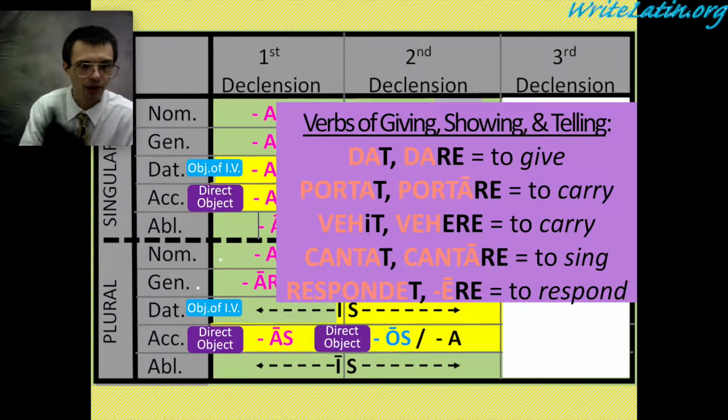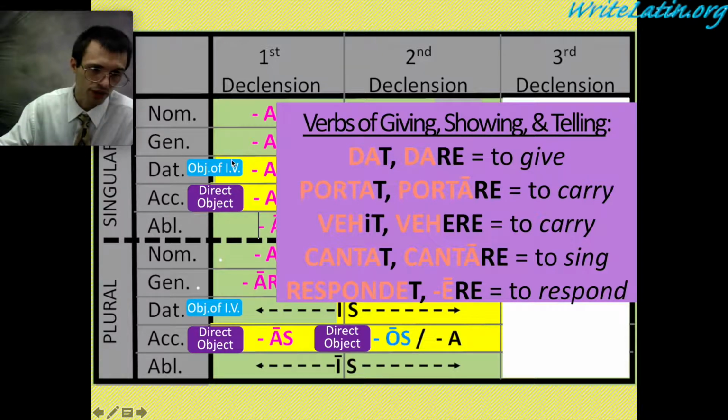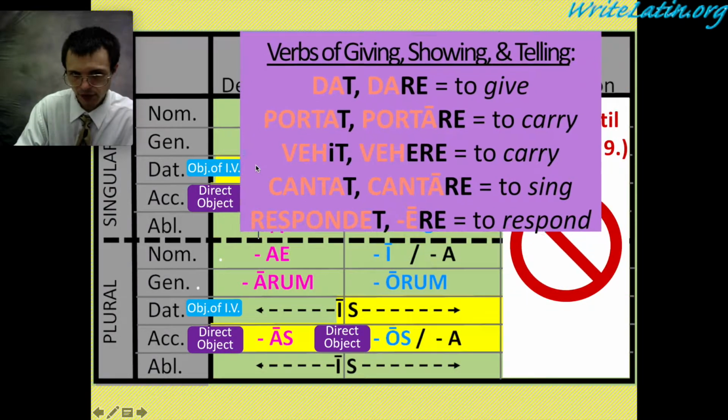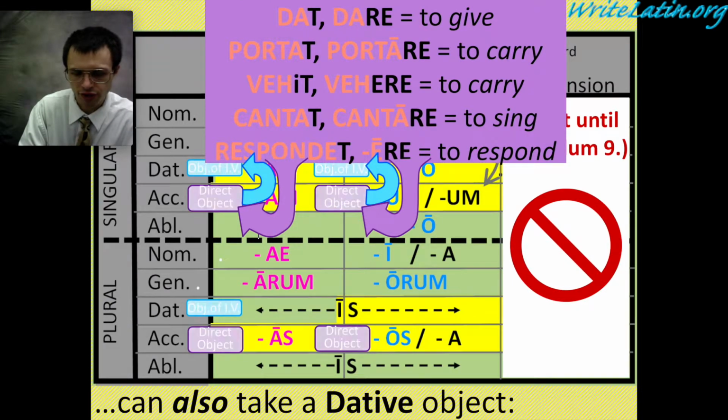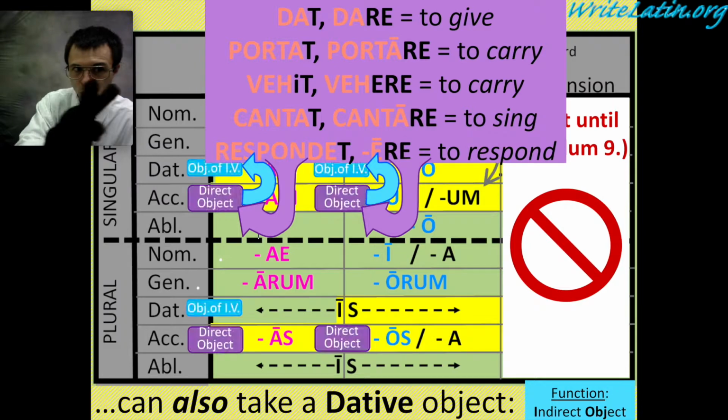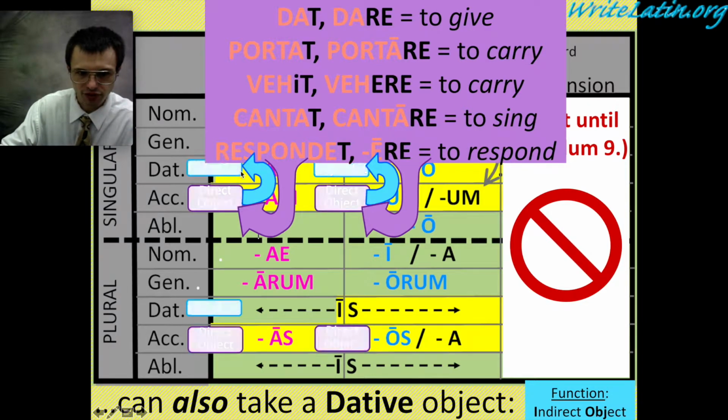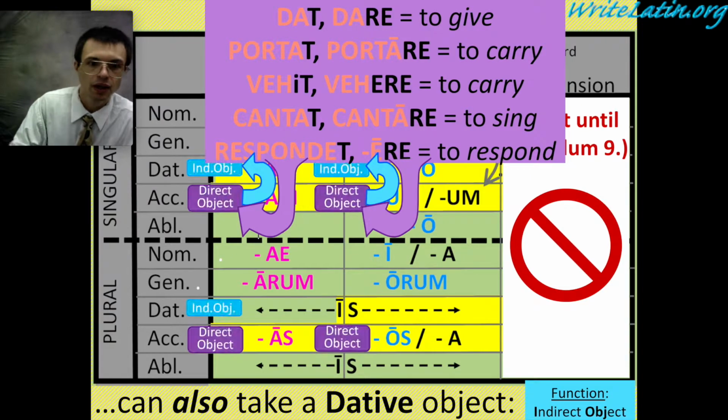Because if it is, it might have a secondary object in the dative case, which we call, of course, an indirect object. All right, so the way this works is these give a direct object to an indirect object. So they have two objects, and where it used to be called object of intransitive verb, now it is called an indirect object. All righty.